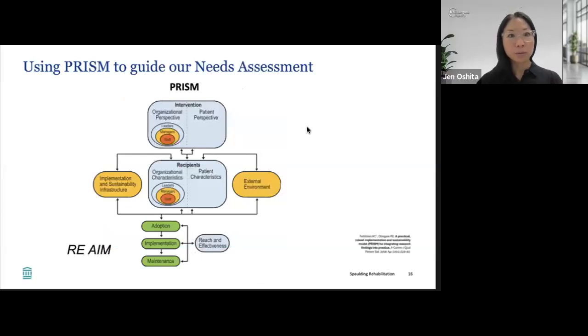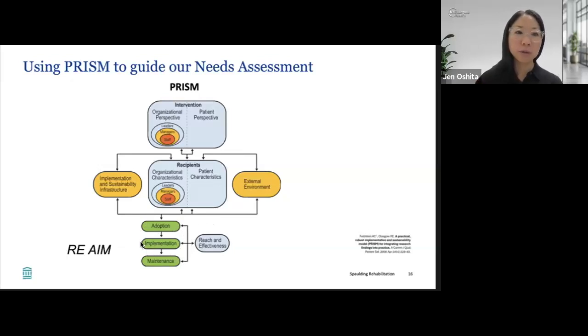And then in terms of our methods on how we guided our project, we used the implementation mapping process. That consists of, as I had mentioned, a needs assessment followed by the co-creation process. For our needs assessment, we used the PRISM, and the reason why is it's connected to the RE-AIM. So it connects to an outcomes-based implementation framework, which is nice because we could reverse engineer our needs assessment.